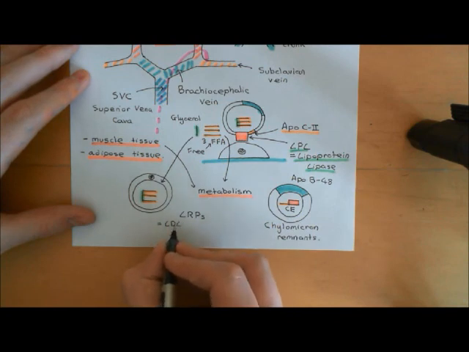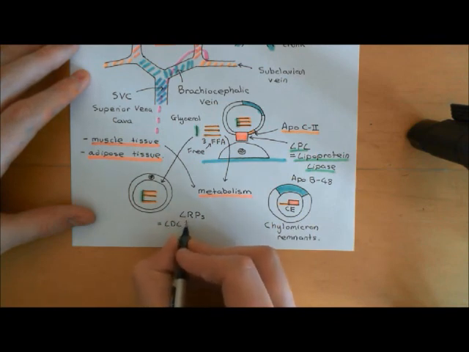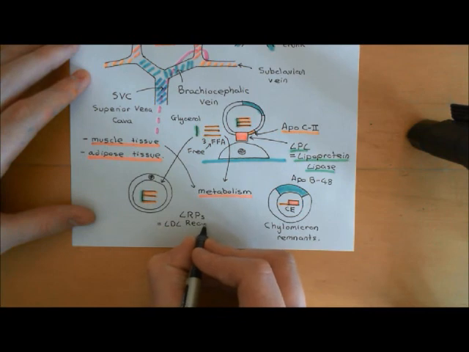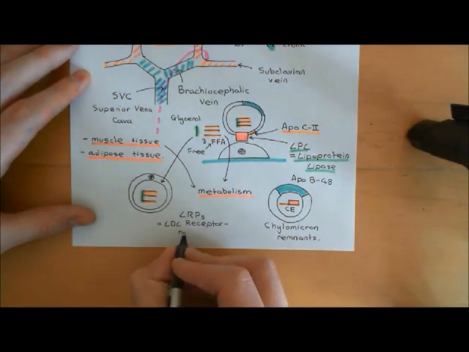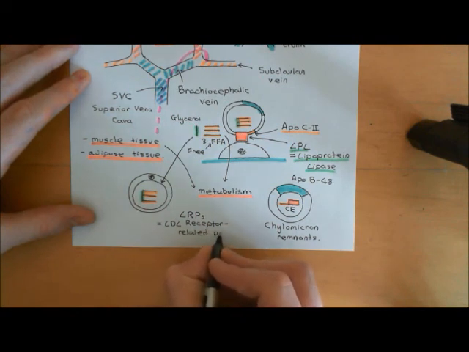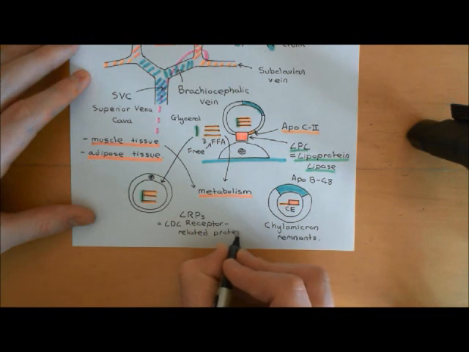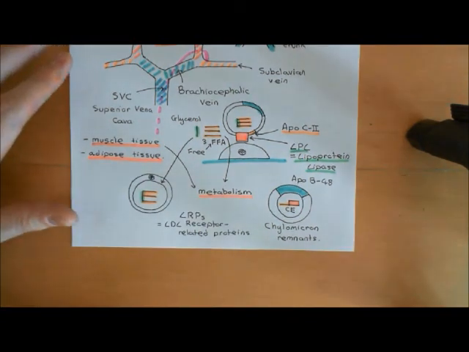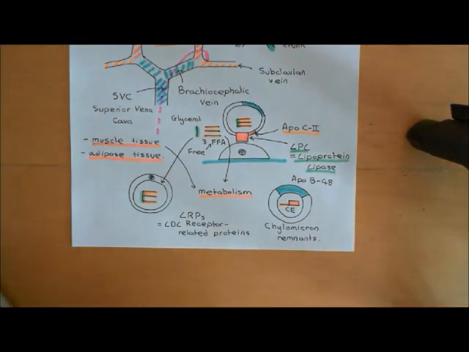So LDL, that's the L here, then the R is for receptor, then you have a dash related, so the related doesn't get a letter in the abbreviation, and then the P is for proteins. So LRPs are LDL receptor related proteins.